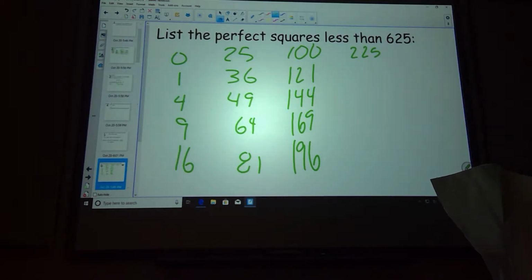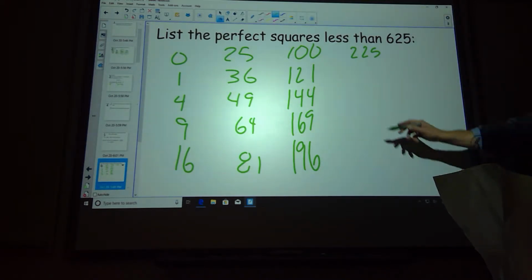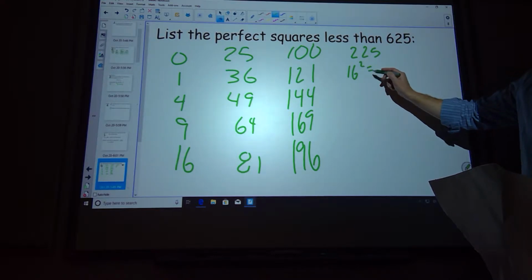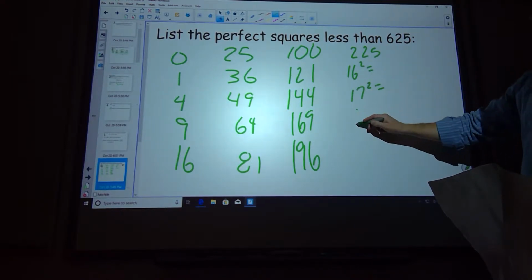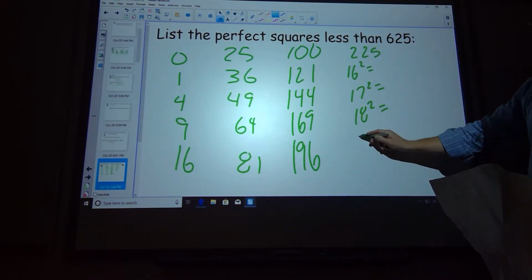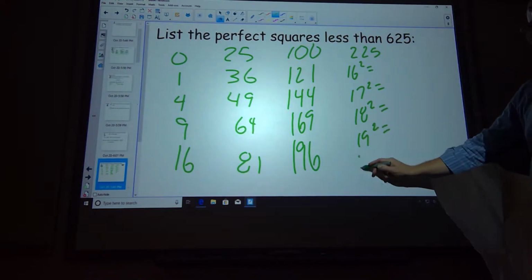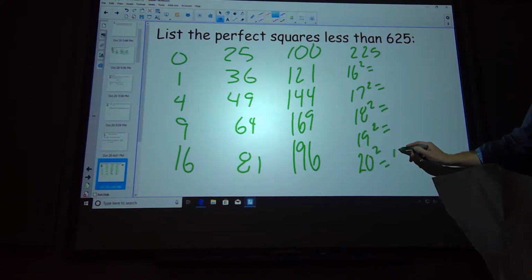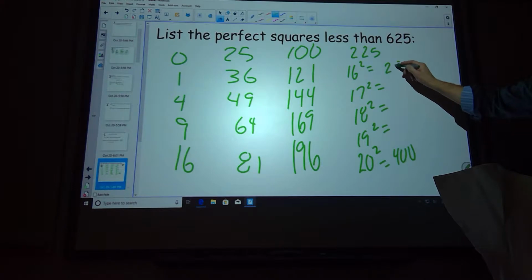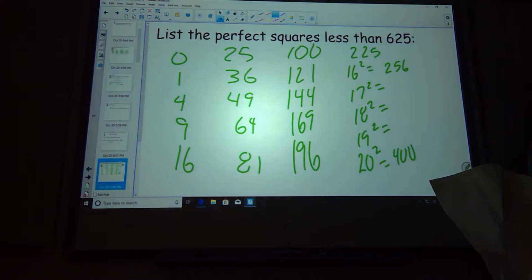You have a calculator? 16 squared equals 256. 17 squared, 289. 18 squared, 324. 19 squared, 361. And I got 400.